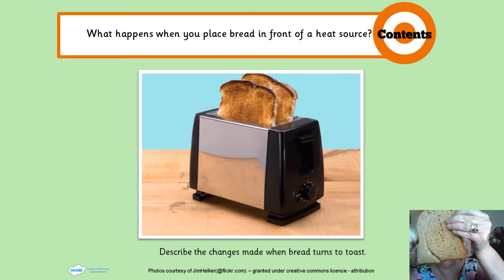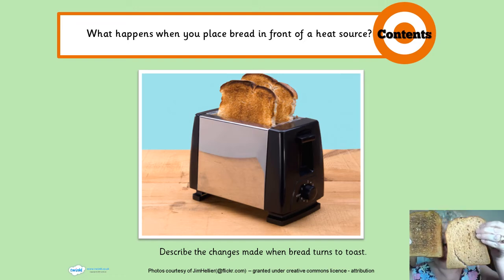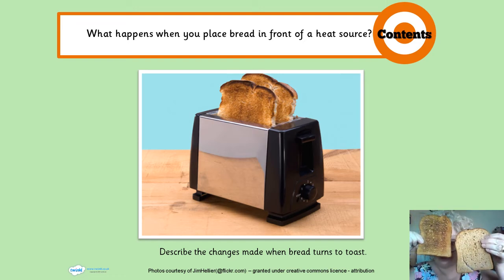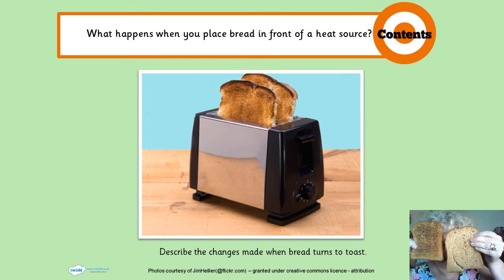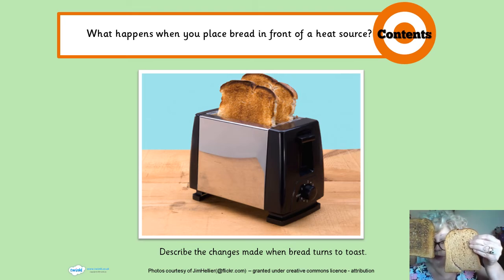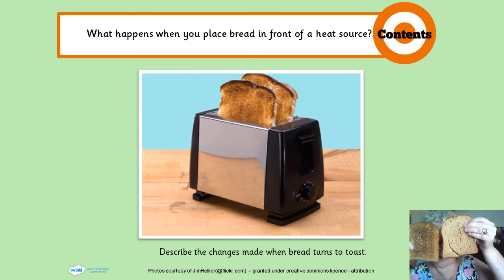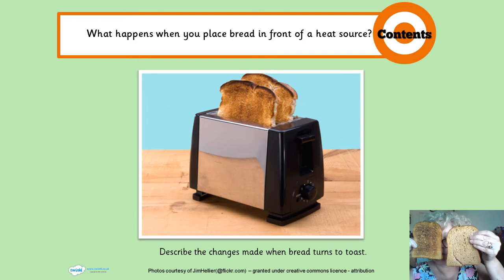No. Well done, it wouldn't. And this is called an irreversible change, because this bread, once toasted, becomes this different material, and it will never be able to go back to this bread. So this is an irreversible change.